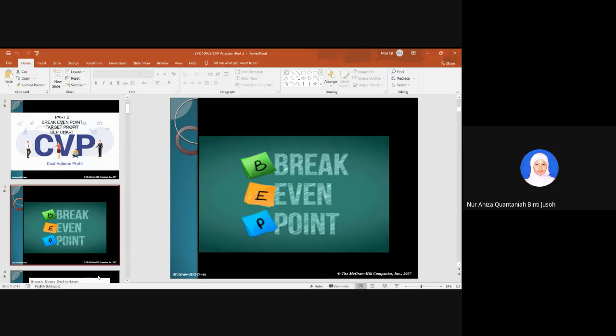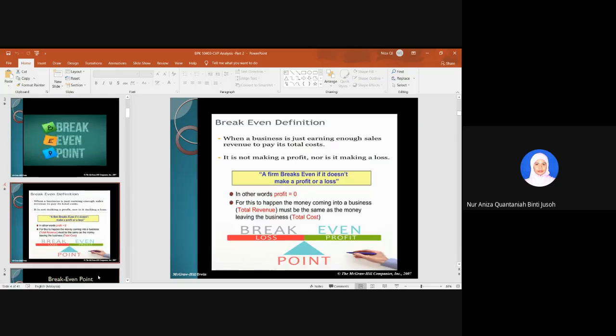So after contribution margin ratio, we're now looking at break-even point. In break-even point, like I said previously, it means that at this point the company is not making any profit and it's not making a loss.